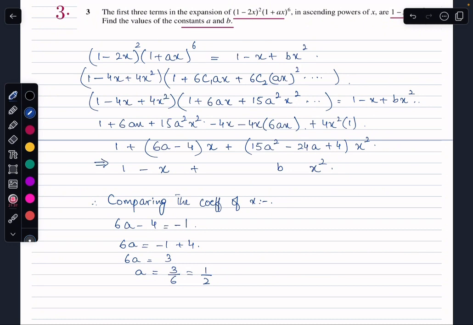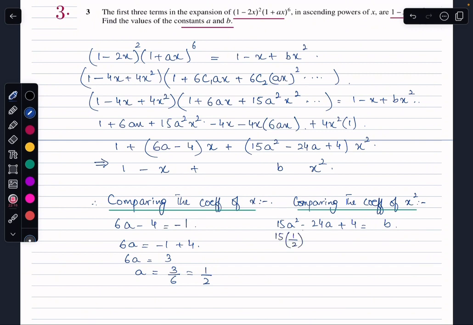And then comparing the coefficients of x² to find b. This is now going to be 15a² minus 24a plus 4, which shall be equal to b. So substituting the value of a, it should be 15 times (1 by 2) the whole square minus 24 times 1 by 2 and then plus 4, which shall be equal to b.